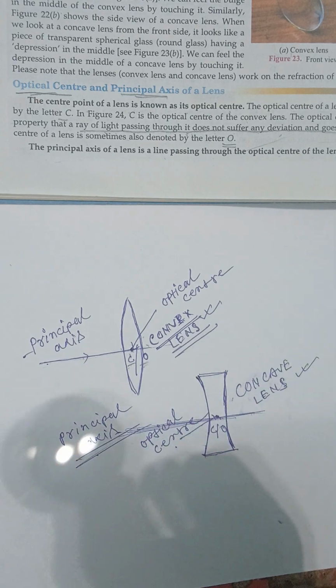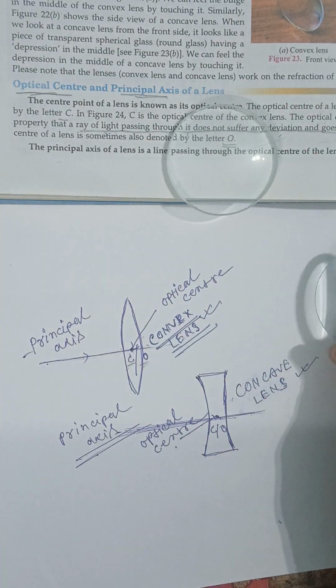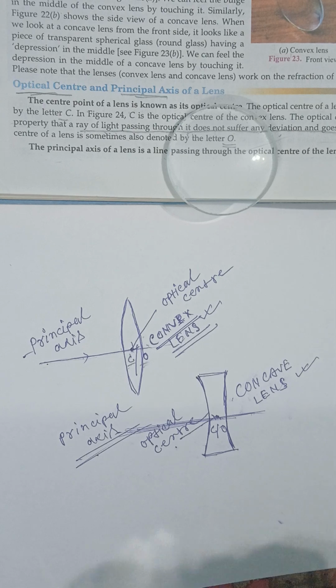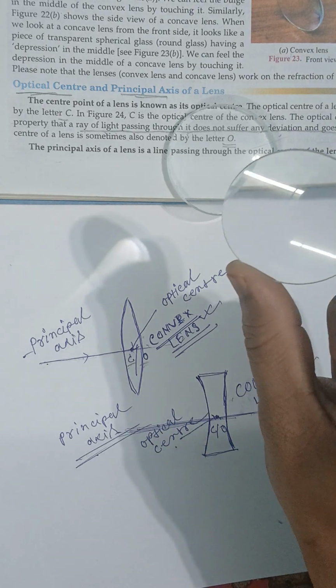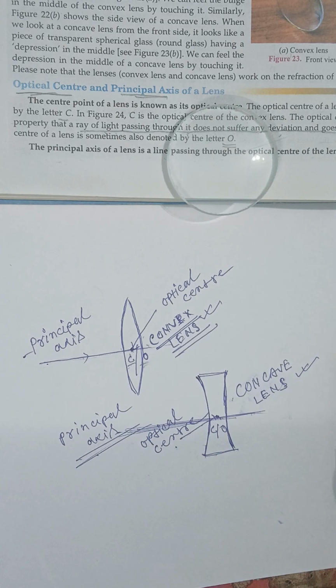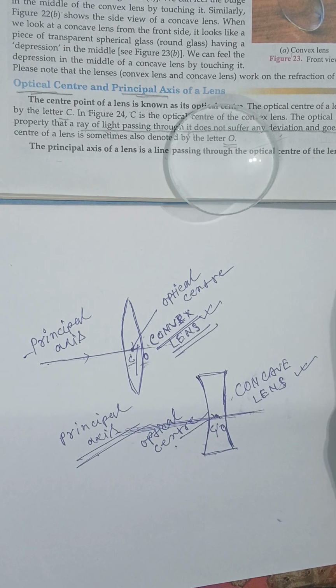To identify a concave and convex lens, just see the lens. Otherwise, place an object in front of the lens and we can easily identify which one is concave and which one is convex lens. Okay, next video we will discuss the focus or the focal point of concave and convex lens.